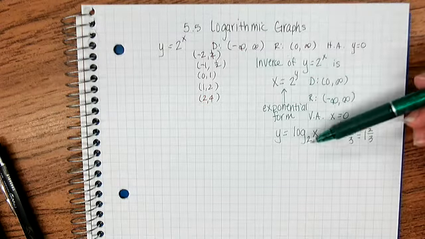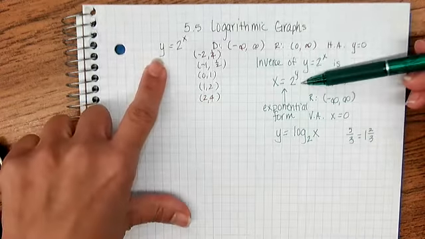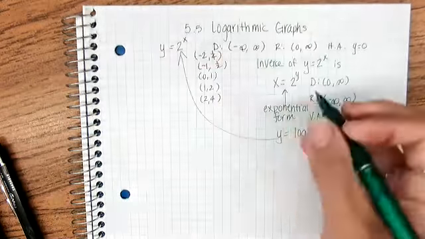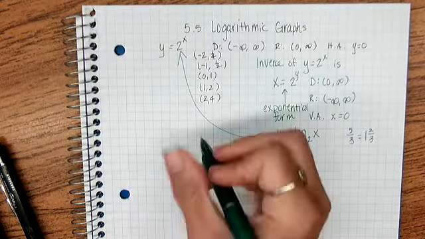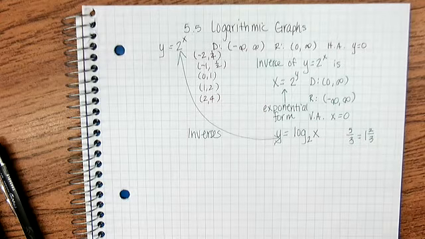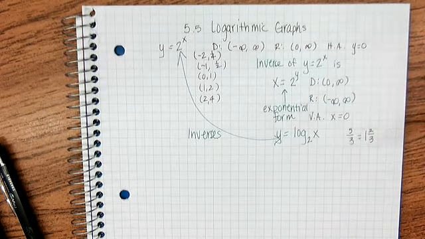Well, these are the same. Y equals 2 to the x and y equals log base 2 of x are inverses. Transitive property, if A equals B and B equals C, then A equals C.